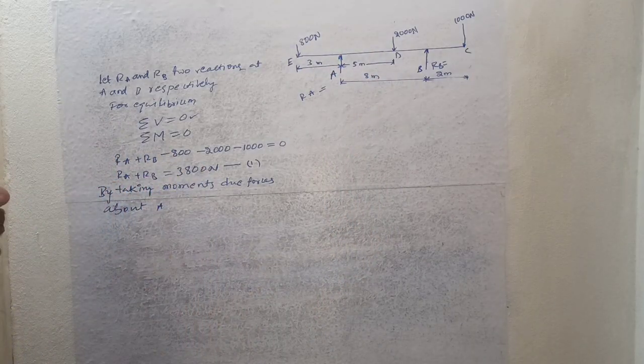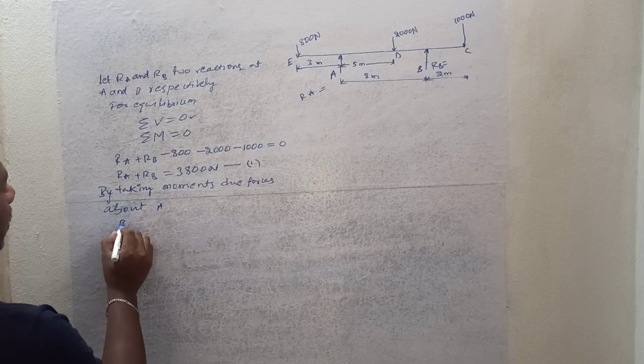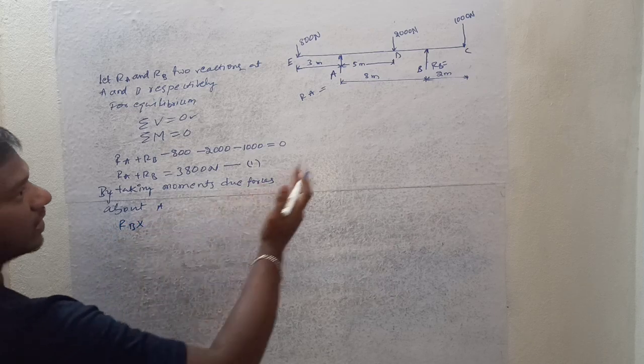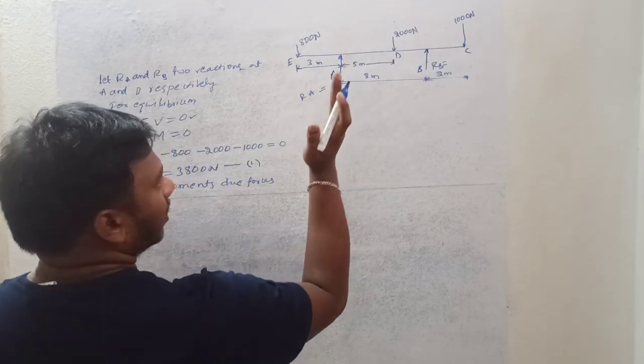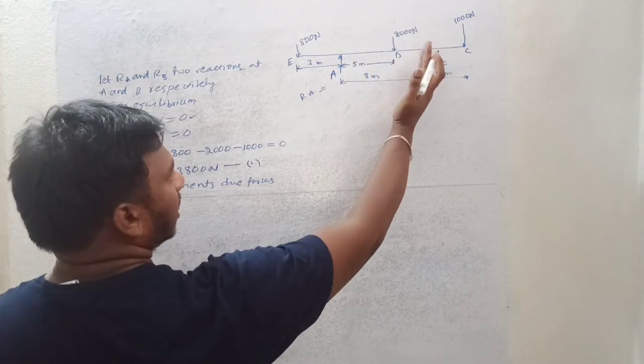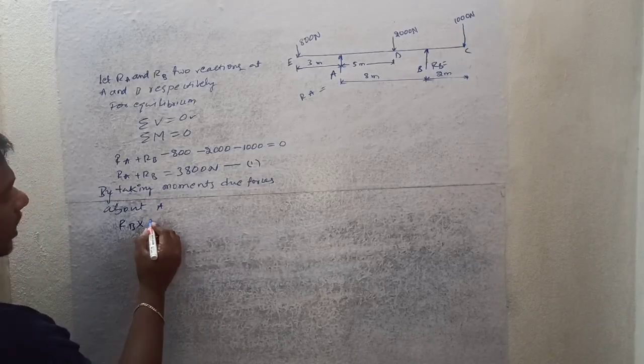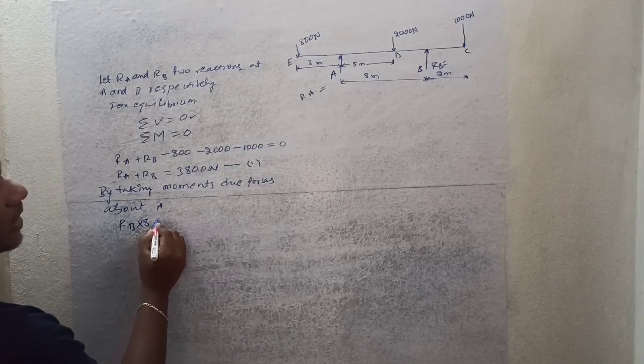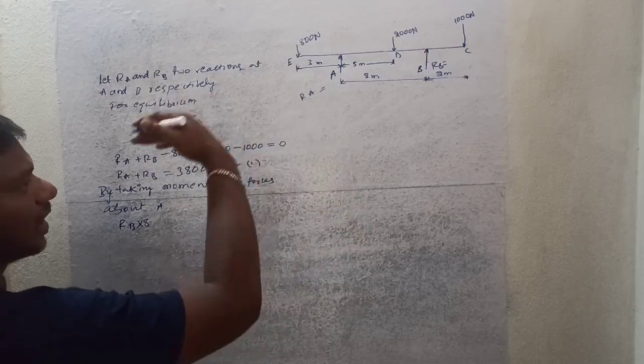If I write the sum of moments about A, it will be RB into distance, which is 8 meters, and this is an anti-clockwise moment.